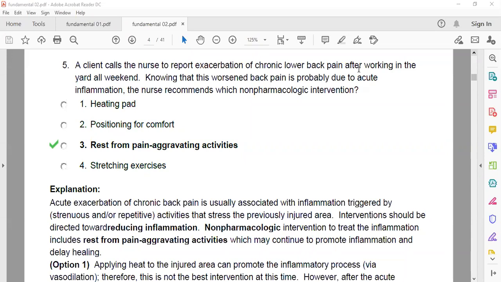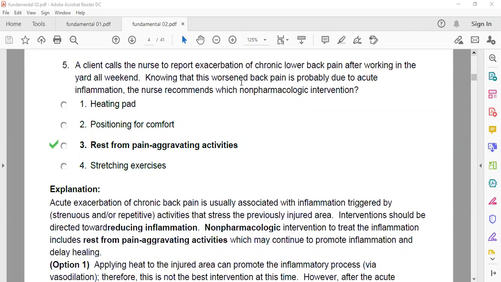And I have to take a bronchodilator or steroid. So it is an acute exacerbation of my chronic bronchial asthma, right? So this patient has low back pain already, and suddenly it is aggravated or exacerbated.